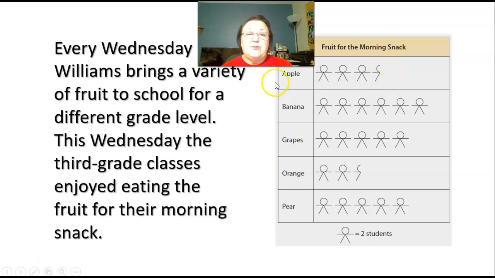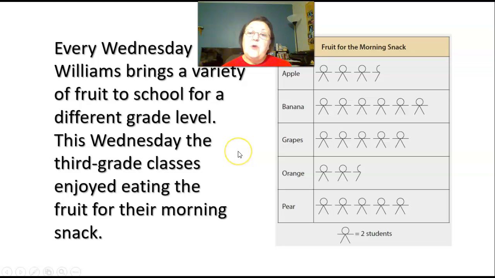So apples, we have a total of 2, 4, 6, 7 students had apples. And then if we look down to oranges, we have 2, 4, 5 people had an orange. And then a pear, we have 2, 4, 6, 8, 10 students had a pear.